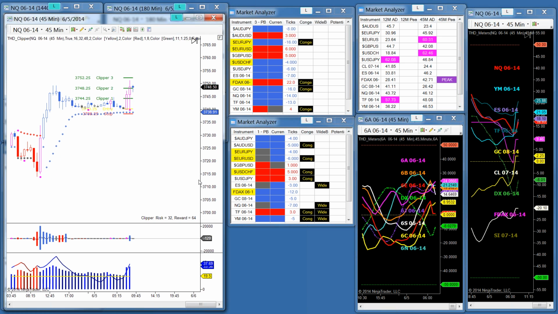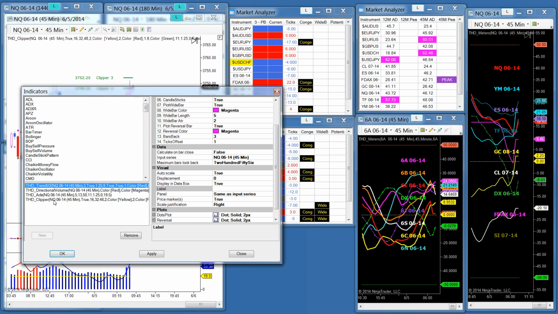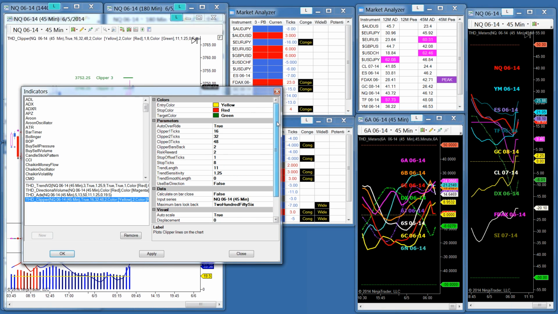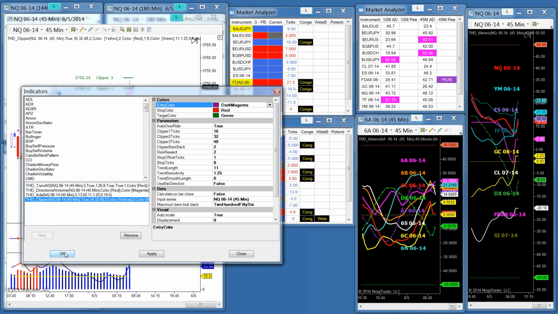Now you can see you have the stop here in yellow. Let me change that real quick. We normally use a black background, so we use yellow. That's the only reason. We'll put it in dark magenta.